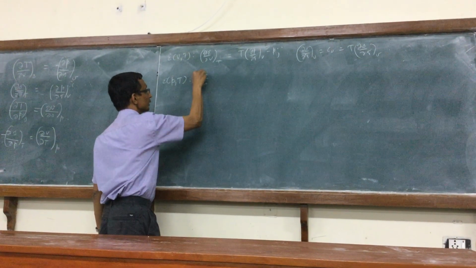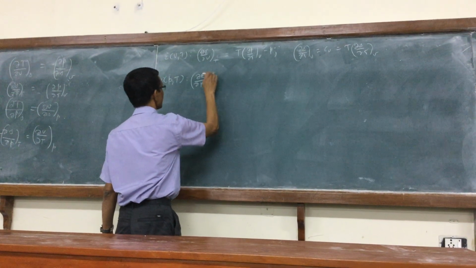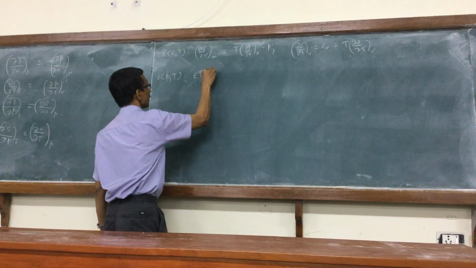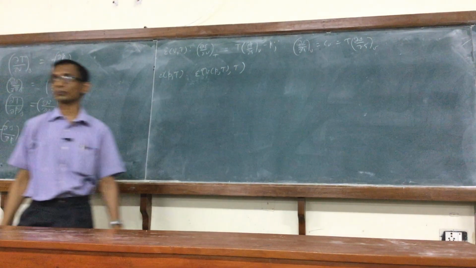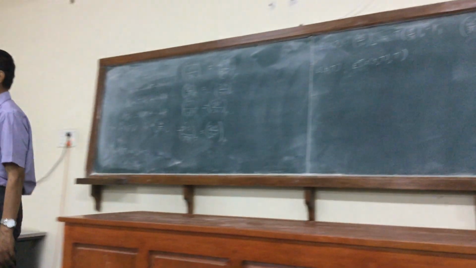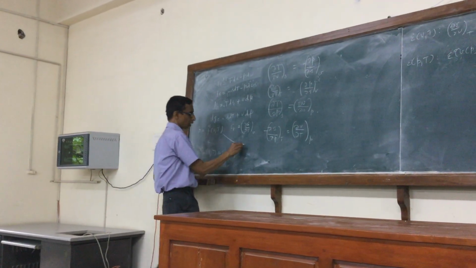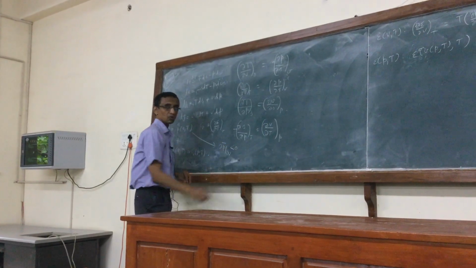dE by dP at T would be, for that I would first regard, since I got dE by dV, I would regard dE by dP as arising from dE by dV, because V can be expressed in terms of P and T. That way I get to solve, because dP by dV is less than 0.